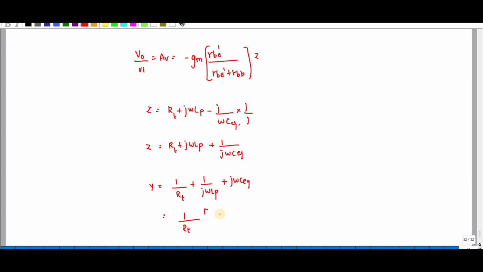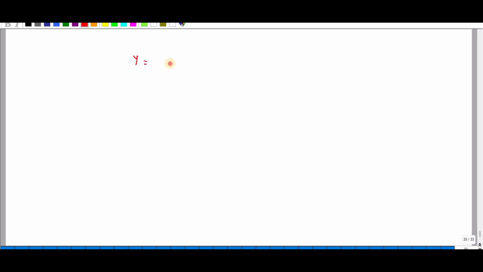If you take RT common, you will get 1 divided by RT plus J omega LP plus J omega RT C equivalent. So you multiply both terms by omega r, 1 plus RT omega r divided by omega r, J omega LP plus J omega RT C equivalent omega r by omega r.